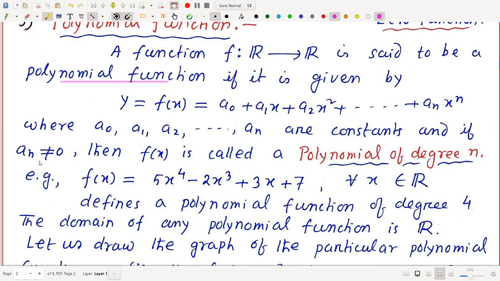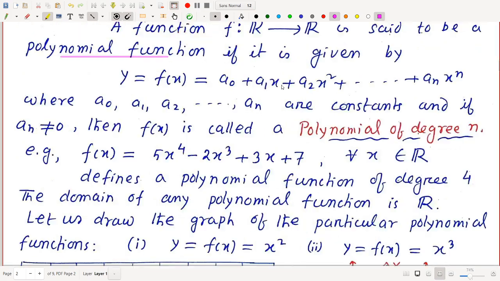And if an, the last coefficient of the highest degree term, is not 0, then f(x) is called a polynomial of degree n. X is variable, a0, a1, a2, a3 dot dot dot an are constants, and of course the powers are positive integral powers. Then this f(x) is called a polynomial of degree n, and the corresponding function f is called a polynomial function.